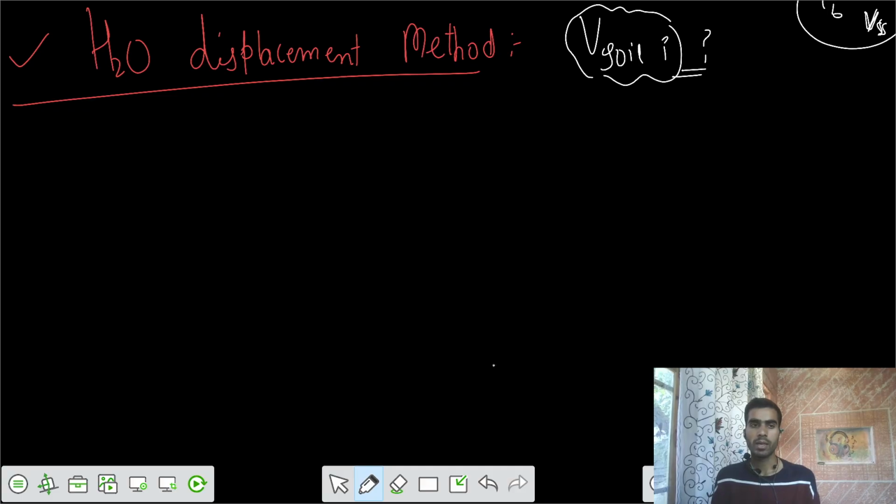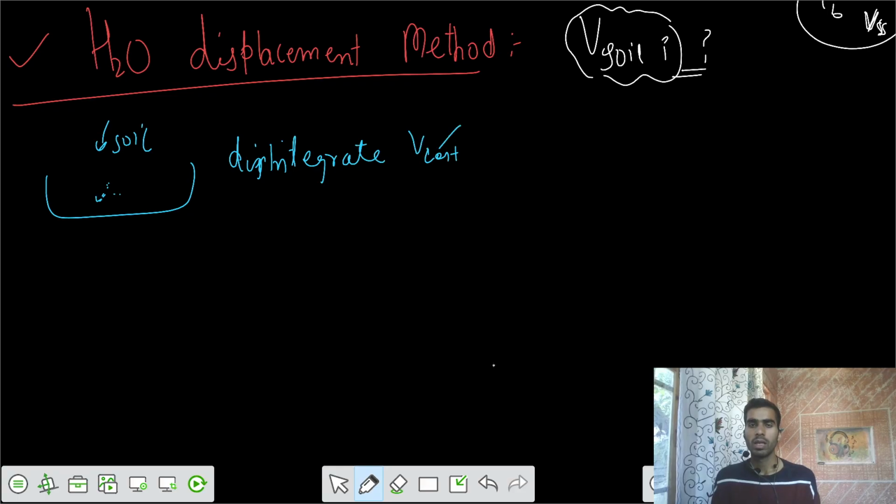You place the soil inside the water. Once the soil is in contact with the water, it would disintegrate. It would lose its shape. That means the volume would be lost, and you would be getting a different volume.